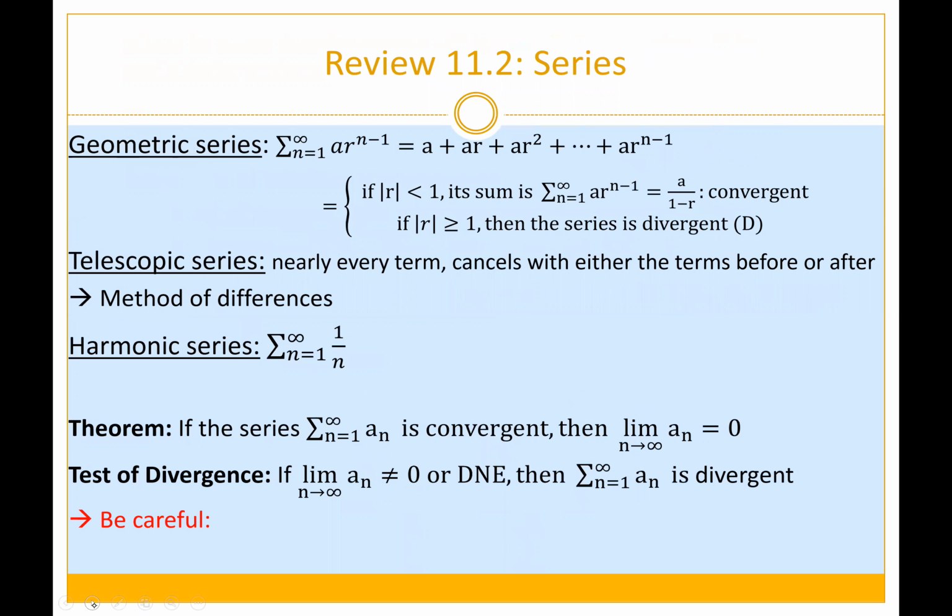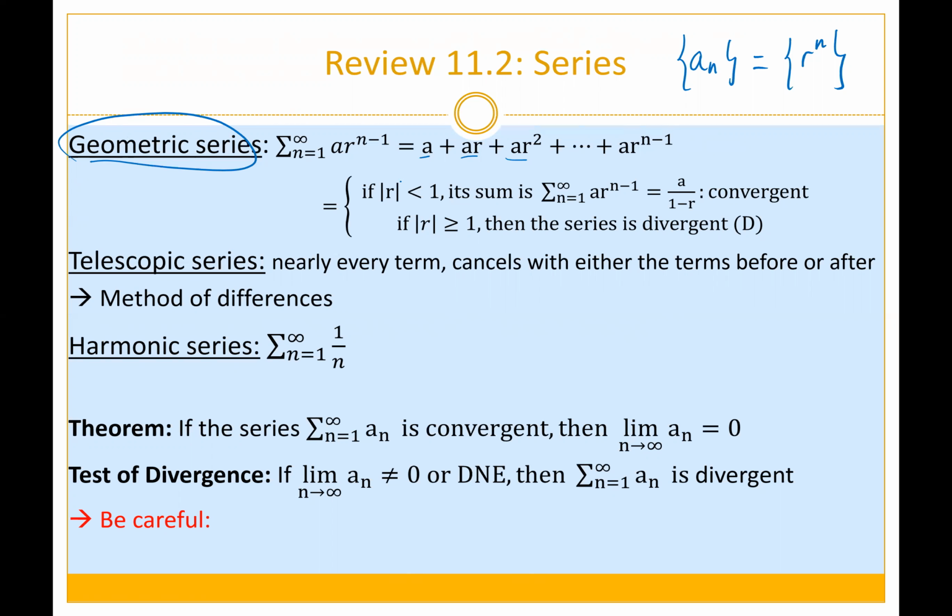Then we have some special series that we must know are convergent: the geometric series. I talked through this a little bit last week, where we have the series of An equal to r to the n. Every single term, say the sequence is going to be a, ar, ar squared, ar cubed, until a times r to the n minus 1.